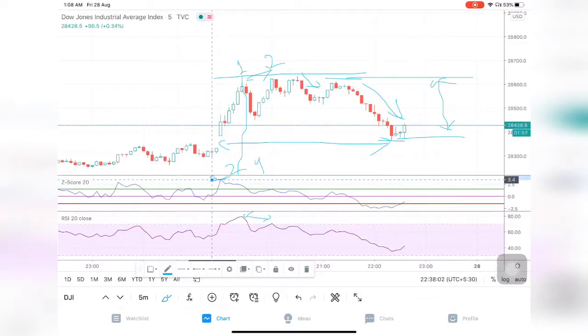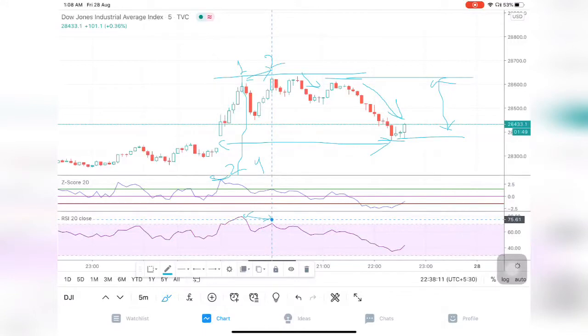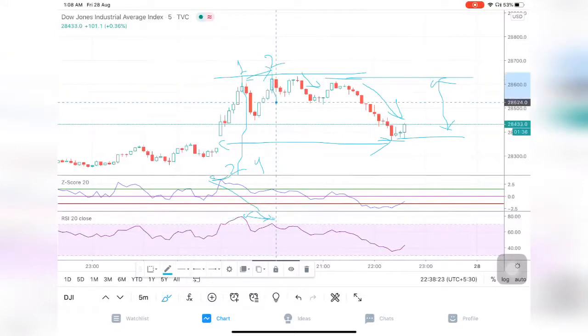Okay, and you have got this signal, and your signal is getting confirmed at this point. So when we are getting these two signals, then you should decide on selling. And suppose we get the signal confirmed over here and we sell at this point. Okay, so now you are getting your profit.